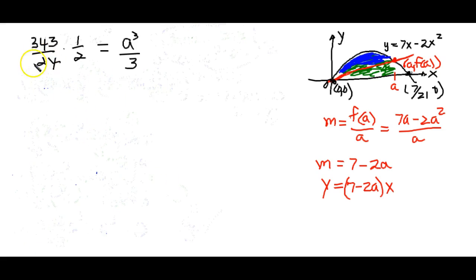So here we have half of the area of the green region, which would be 343 over 24 times 1/2. That gives us 343 over 48, and that's equal to a cubed over 3.